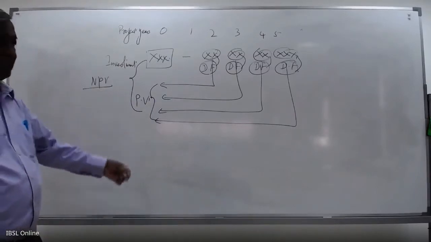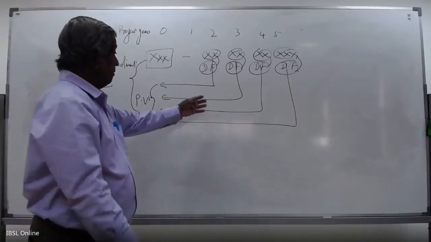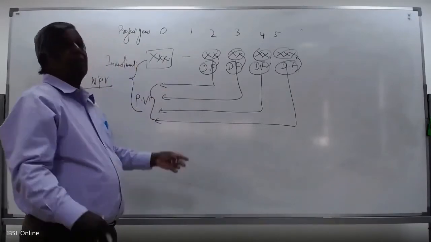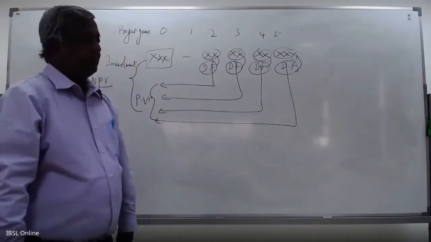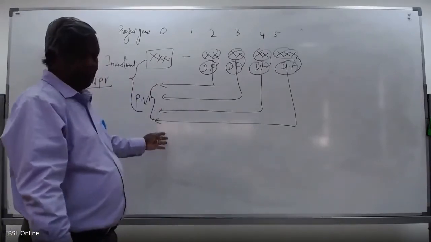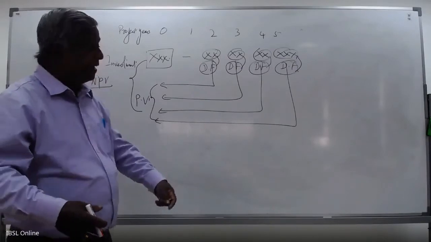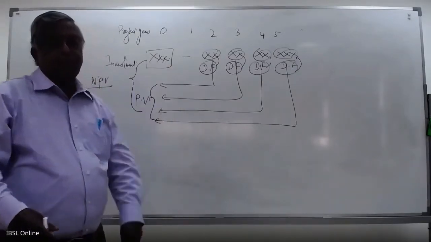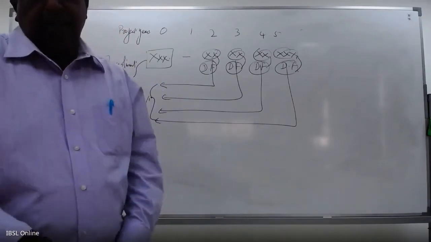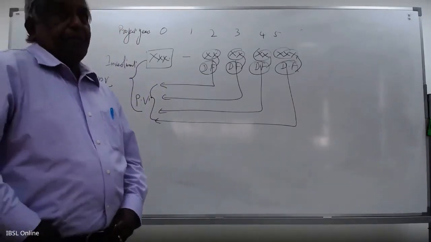If it is positive, income in present value is more than the investment. Very good, worthy. If it is negative, income in present value is less than the investment. Not worthy. That is the net present value.